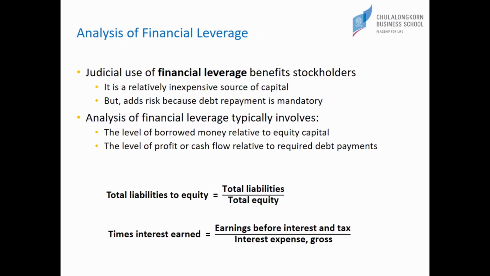Okay, so you can get the deductions in the income from paying the interest payment. So because of this tax shield, this debt is considered a relatively inexpensive source of capital. Okay. However, we know adding more debt adds more risk because this repayment is mandatory, unlike dividend payments from the equity.